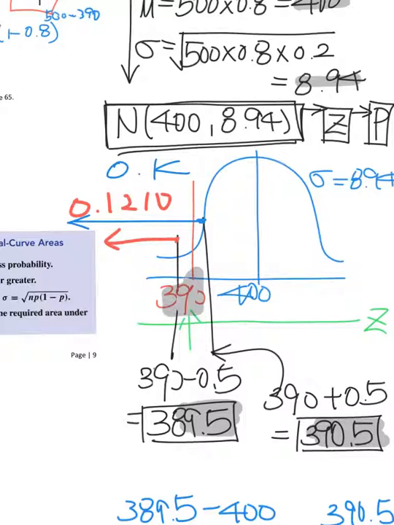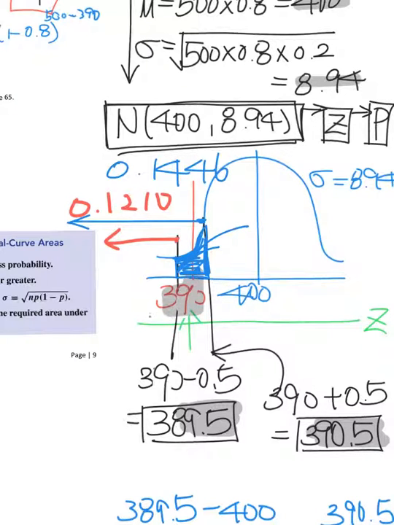What do I need? I need the probability between these two z-scores. How can I do it? Take subtraction, the bigger one minus the smaller one.